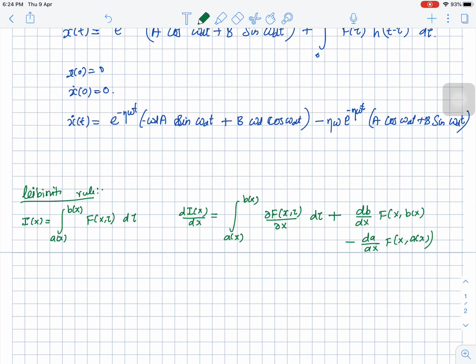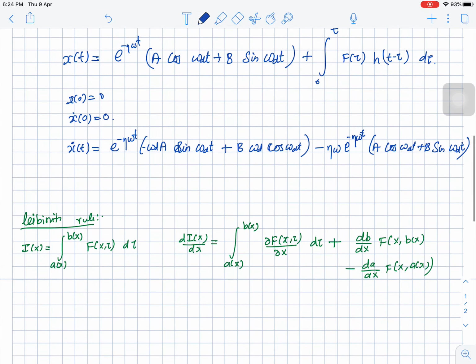Now we substitute this into the integral. The limits will be unchanged. Then we need to take the derivative of this one. So this becomes dh of t minus tau by dt. f of tau doesn't have t, so it acts as a constant.